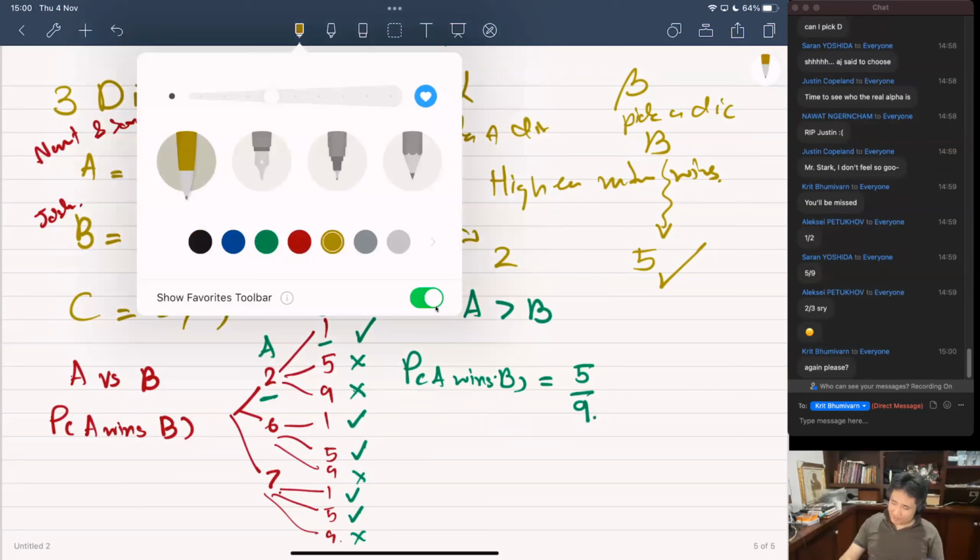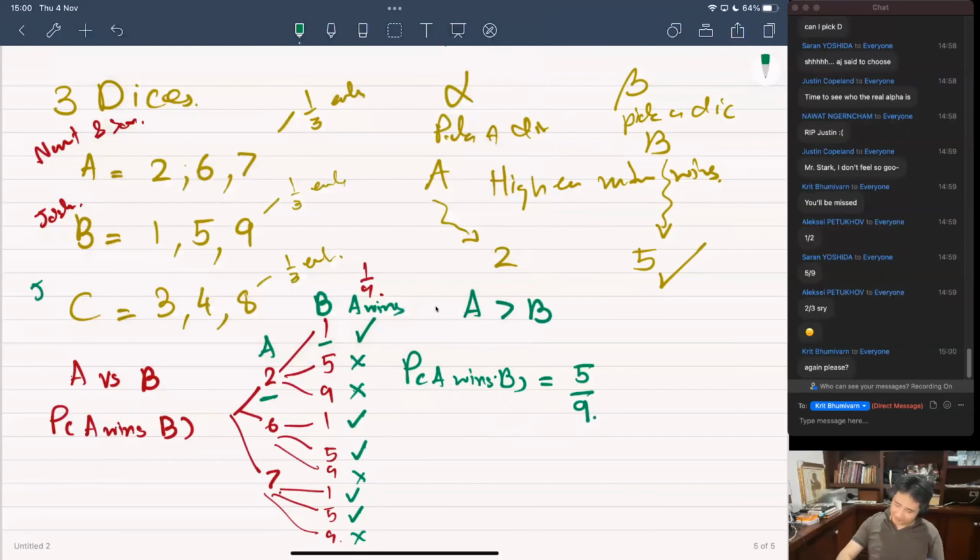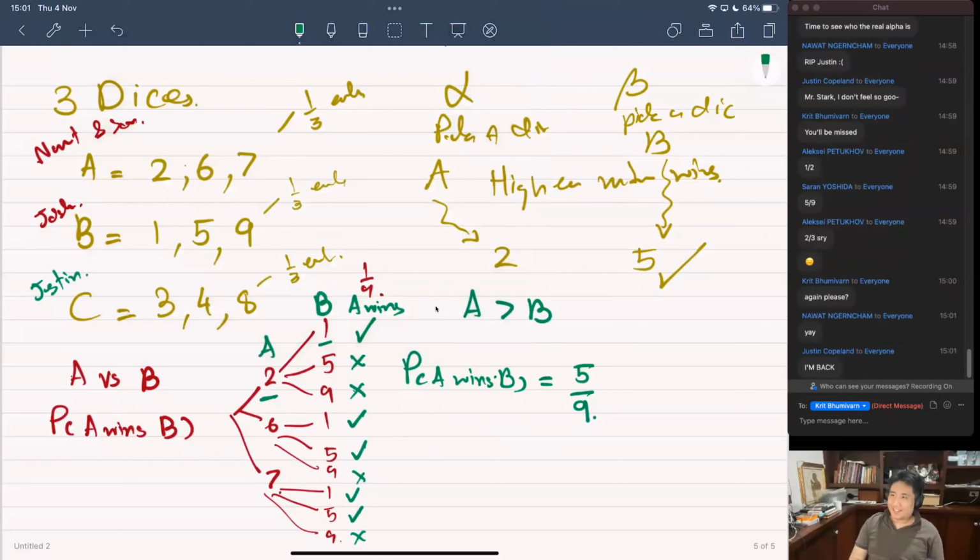Okay, so now Justin is back. I need you. Let's do Josh versus Justin, because A kind of wins already. Let's see if Josh wins or loses against Justin.